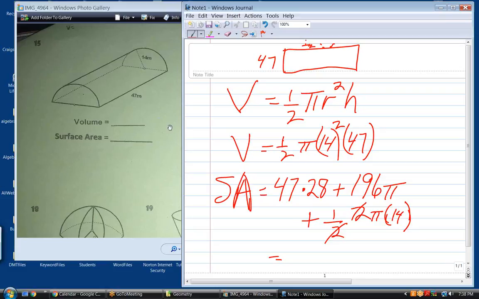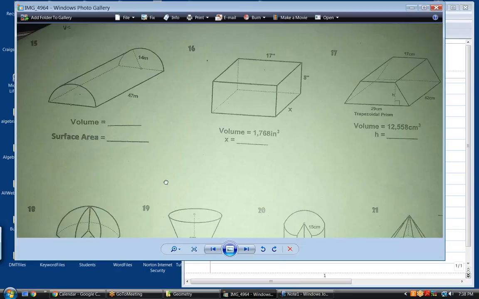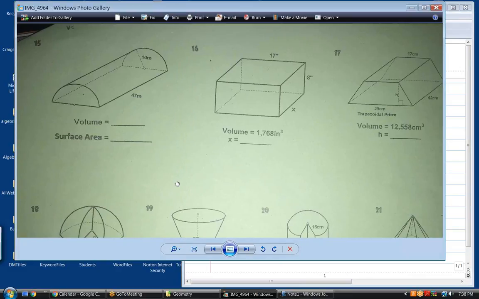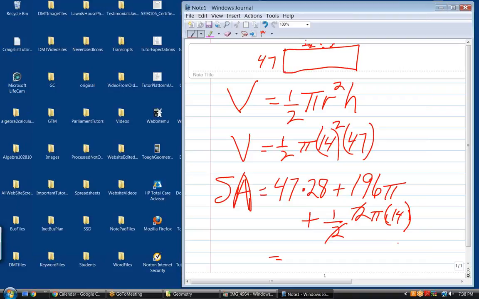What are the instructions on this? Are they to leave everything in pi, or are they to turn it? Yeah. Okay. We should just leave it in pi. Good. Then let's follow through and make sure you know this. What's 47 times 28? 1,316.